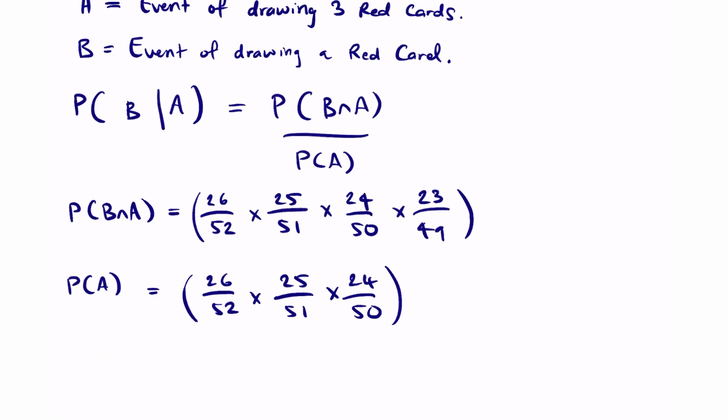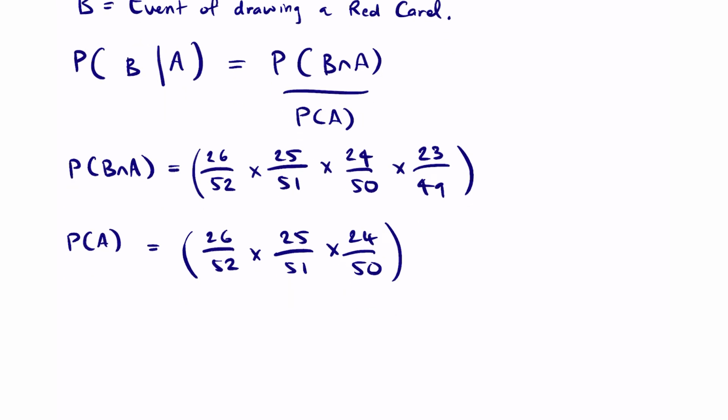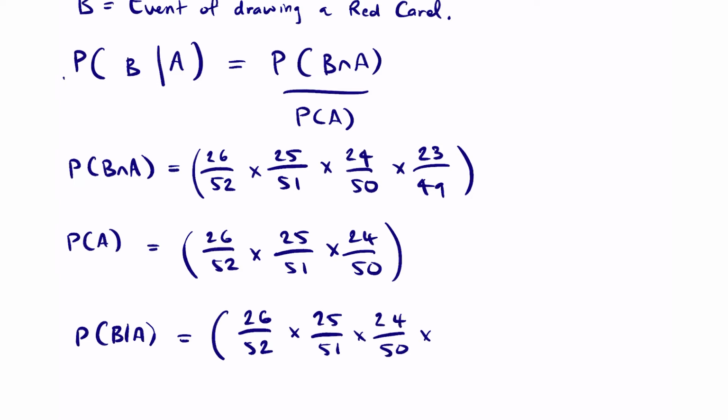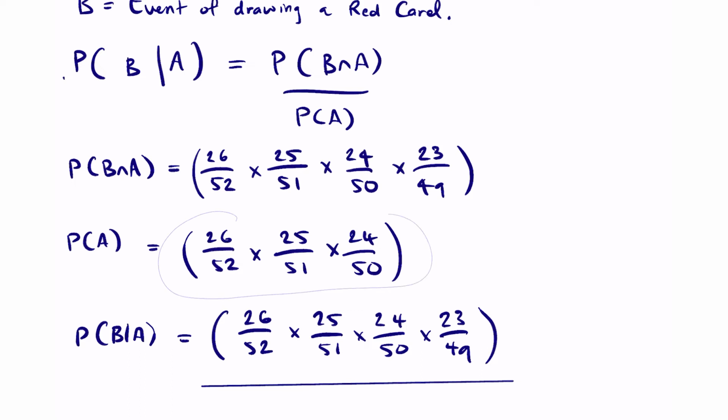So, if we want to now calculate this probability, the probability of B given A, it is equal to the probability of B and A, which is 26 over 52 multiplied by 25 over 51 multiplied by 24 over 50 multiplied by 23 over 49, all over the denominator, which, to save time, I'm going to just duplicate and put here.